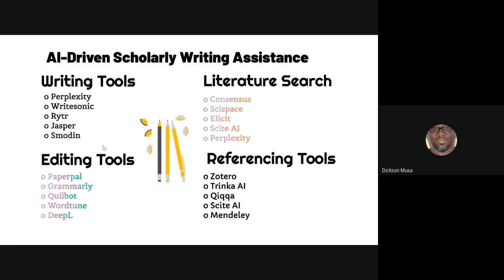And we have examples like Perplexity, Writesonic, Writer, Jasper, Smodin, and so on. There are quite a number of them. Some of them are free. Some you have to pay. Some paid ones have some free aspects.